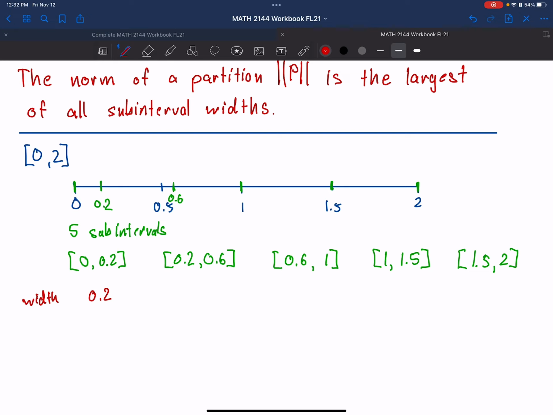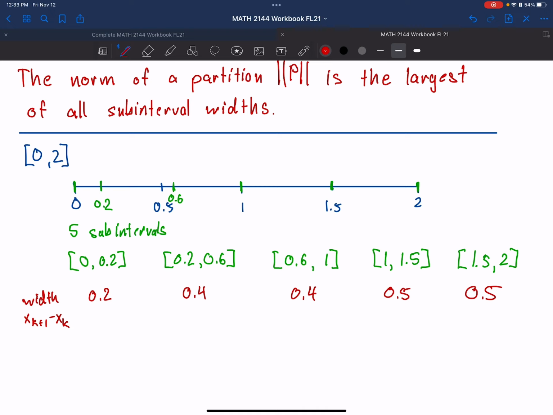Let's do x sub k plus 1 minus x sub k, where this is x sub 0, this is x sub 1, just the endpoints of each subinterval. So that's 0.2, 0.4, 0.4, 0.5, and 0.5.